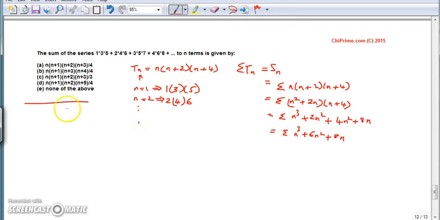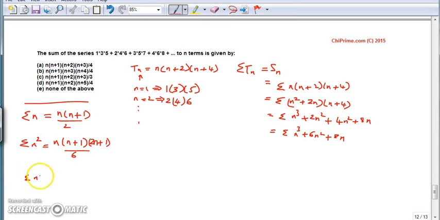Now we know from studying series that if we want the sum of the first n numbers, sigma n, that is given by the formula n times (n plus 1) over 2. We also know that if we want the sum of the squares of the first n numbers, it's given by the formula n times (n plus 1) times (2n plus 1) over 6.